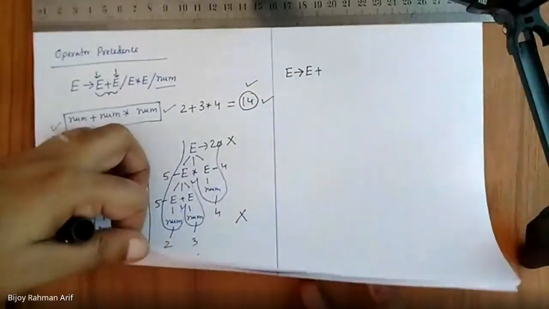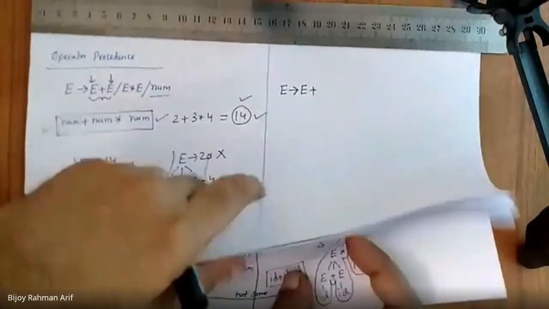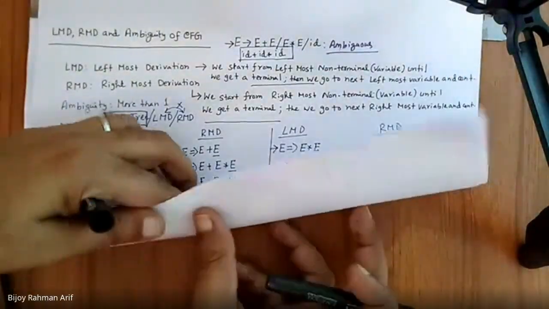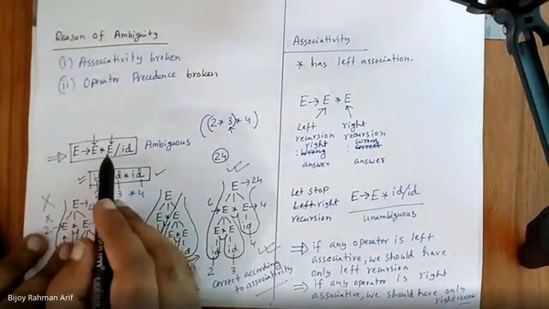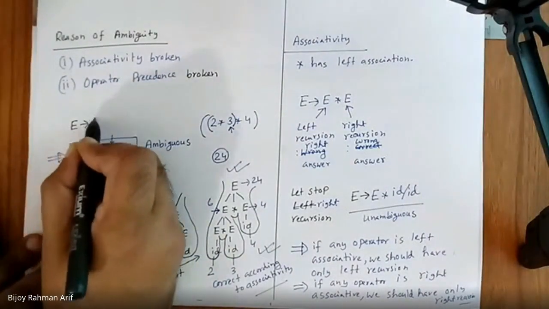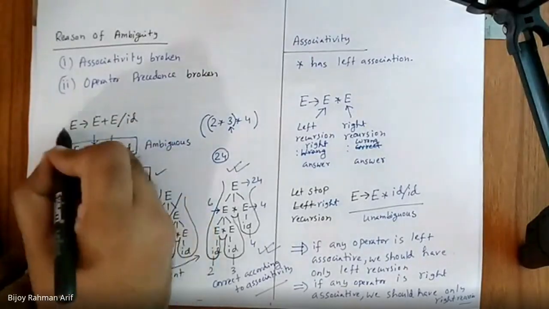Recursion will not be here. The same example, if instead of star, we have proved the associativity problem for star. If you take this grammar, E derives E plus E or ID, it is also ambiguous.